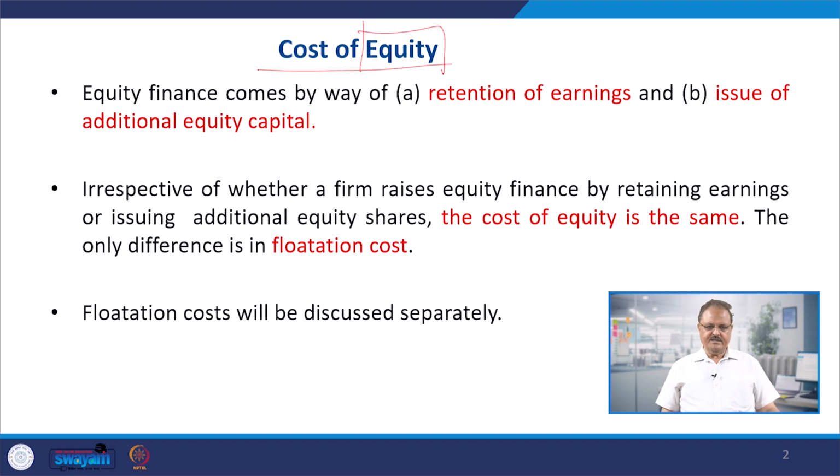One part goes to the owners for their livelihood expenses, and the other part is retained in the business and reinvested back into the business. That is called retained earnings. Retained earnings are at par with equity capital, and equity capital given by the promoters or raised by IPO or FPO is also equity capital. So both are treated at par.